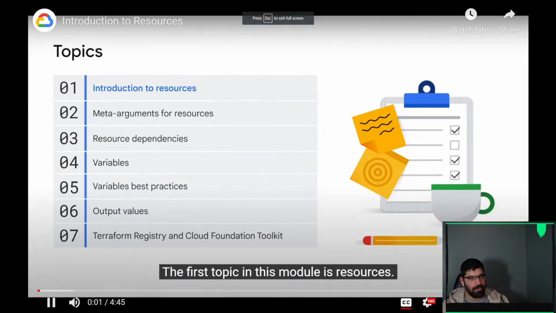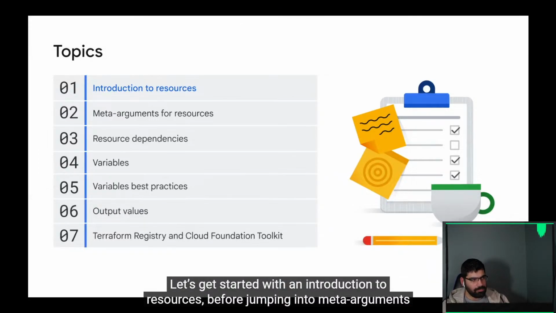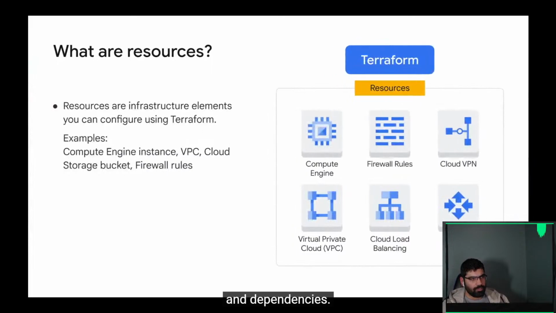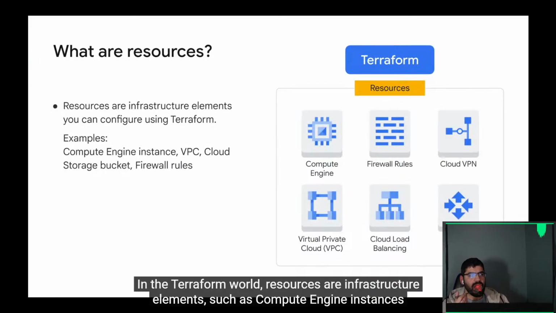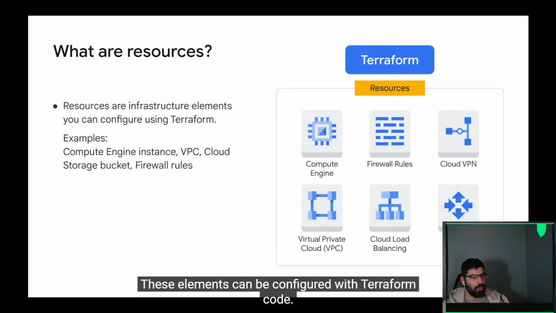The first topic in this module is resources. Let's get started with an introduction to resources before jumping into meta-arguments and dependencies. In the Terraform world, resources are infrastructure elements, such as Compute Engine instances and Cloud Storage buckets. These elements can be configured with Terraform code.